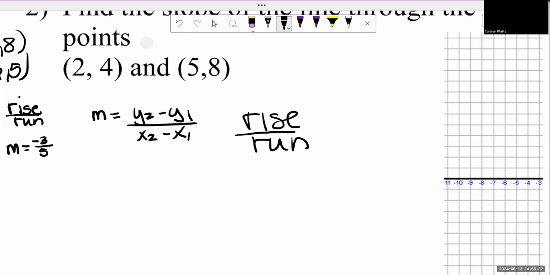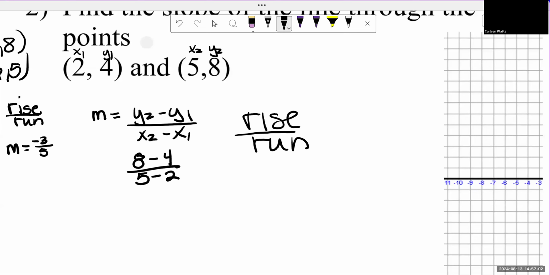Okay, let's do number 2. We are not going to do the slope triangle. We're just going to practice the formula. X1, Y1, and X2, Y2. So we have Y2 minus Y1 over X2 minus X1.